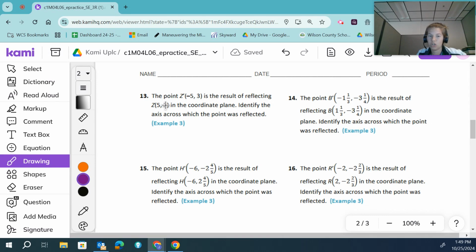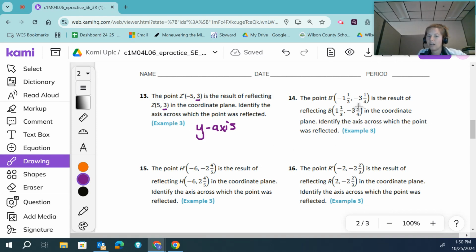So the original was 5, positive 3 in the coordinate plane. Look, the 3 stayed the same and we took the opposite of the x. So that means we went across the y-axis. My y stayed the same, so we went across the y-axis. We took the opposite of the x.